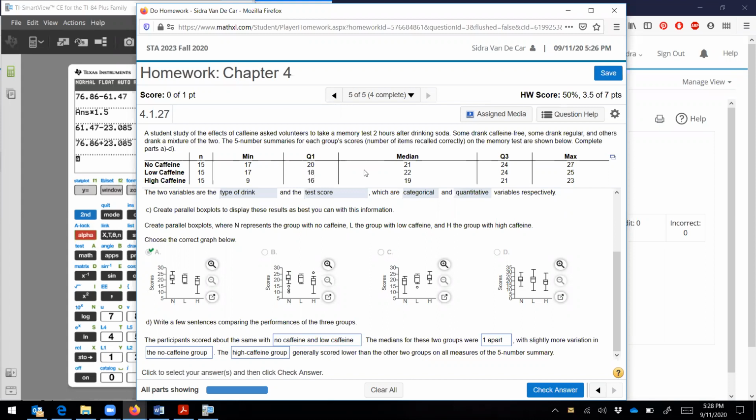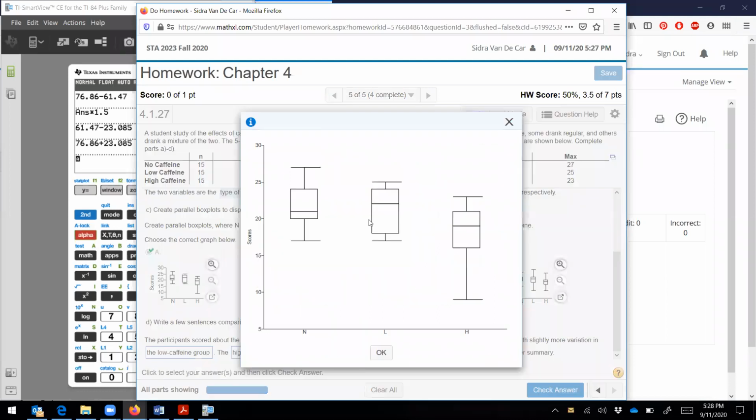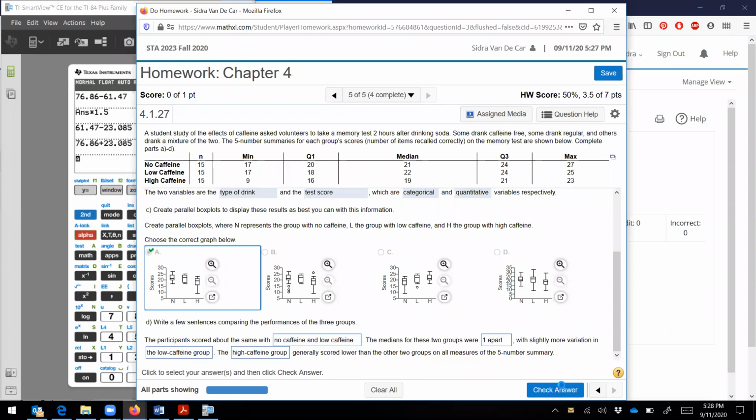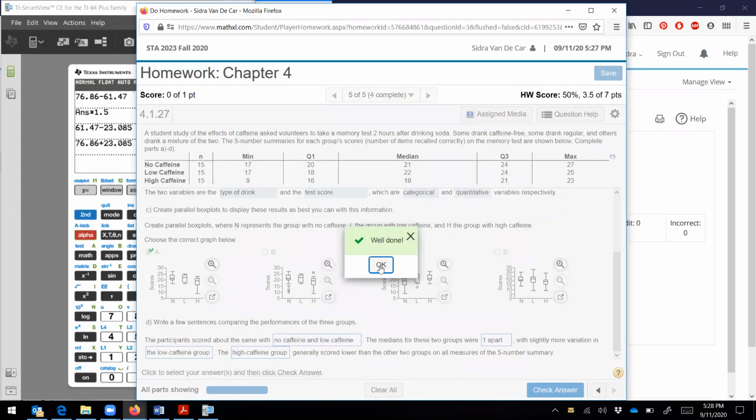So there's a little more variation within this quartile here. So we can say a little more variation in the low caffeine group, looking at the variation here in the middle. The lows are the same, a little more variation here in the bottom part. Now this has higher variation on here, so that's a little bit misleading. And that's why I chose that one first.